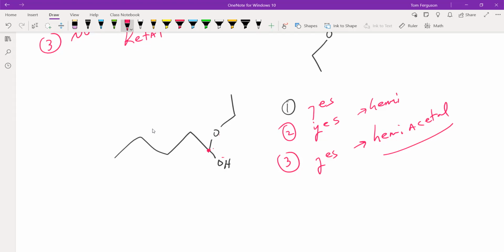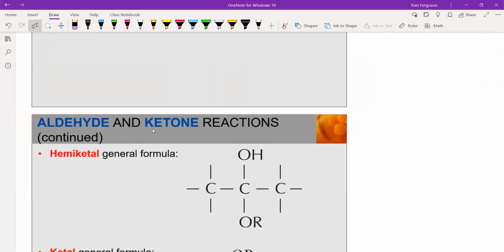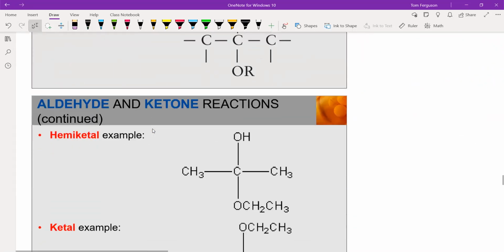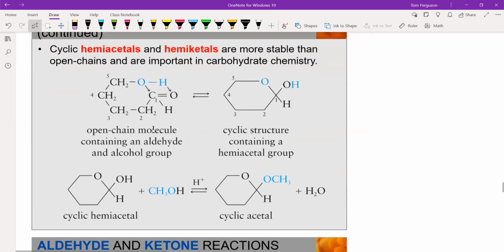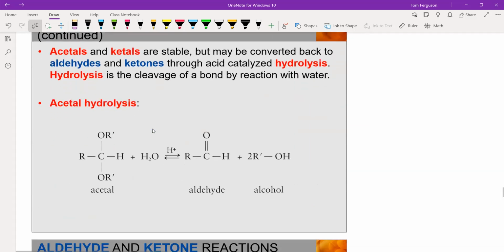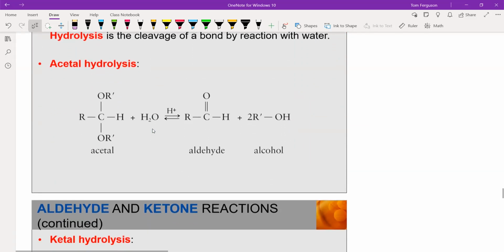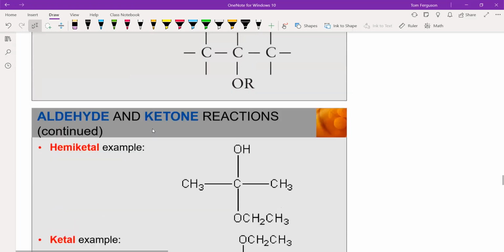Okay, so let's talk now about how to make these things. That's when you take them apart. Up here we make them.